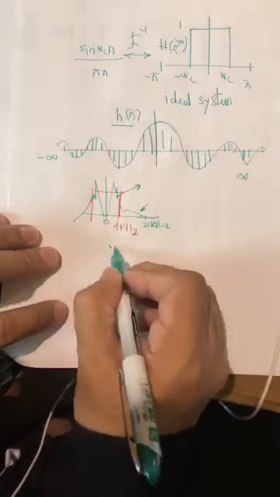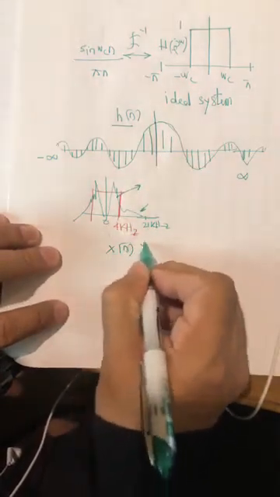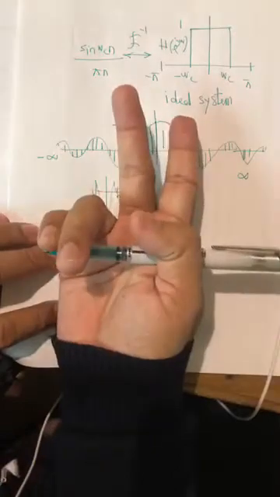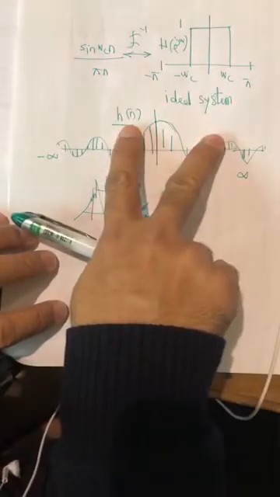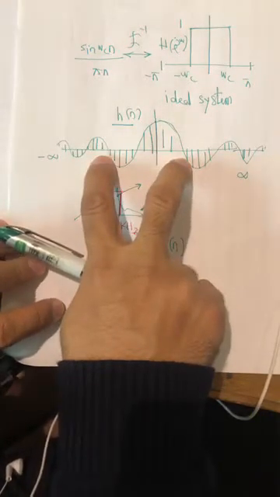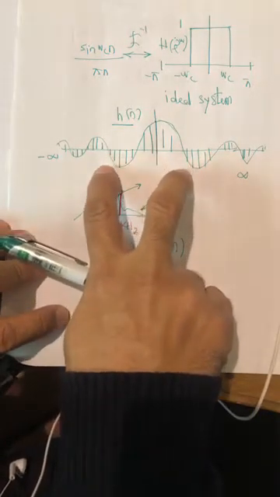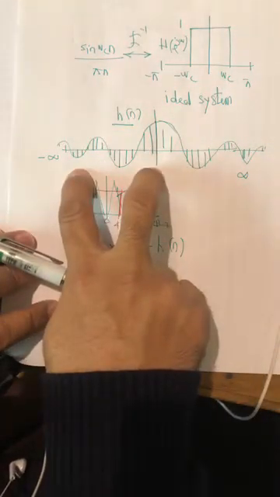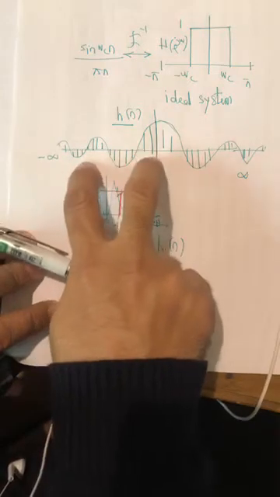Remember, if you want to filter out voice, you need to do the convolution. Now think about this: once you flip it, it remains as is. Then you are dragging, and how many multiplications do you have to do to find one output sample? Infinitely many, because this has infinite samples. Number two, this is not a causal system.